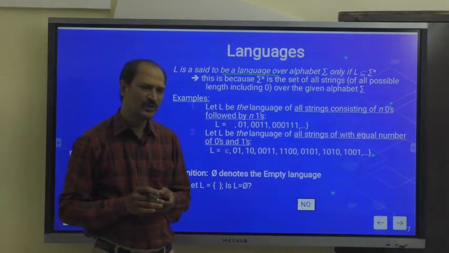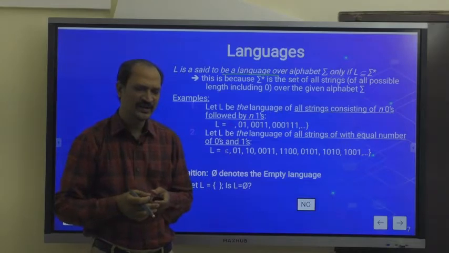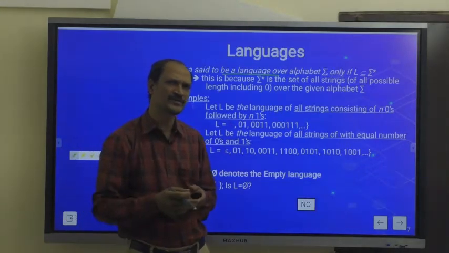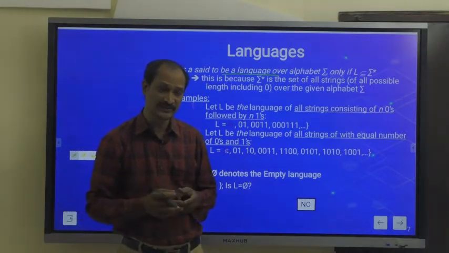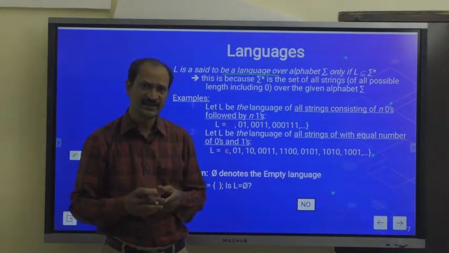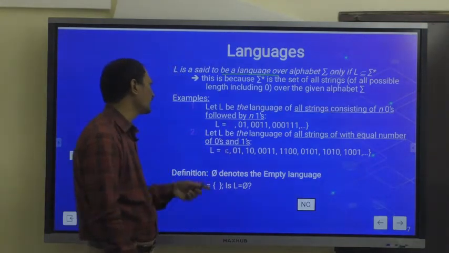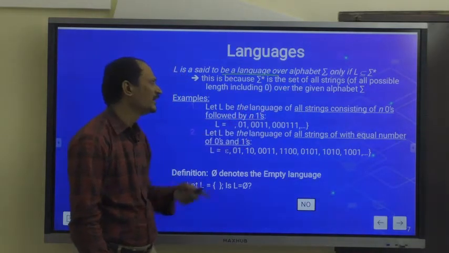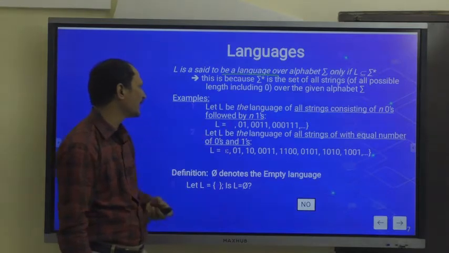Sigma star represents the Kleene closure, and sigma plus is the positive closure. Mod w is the length of a string, capital L is a language, and sigma represents an alphabet. These are the standard notations we are going to see. L is said to be a language over the alphabet sigma if and only if L is a subset of sigma star. That's what I have explained.